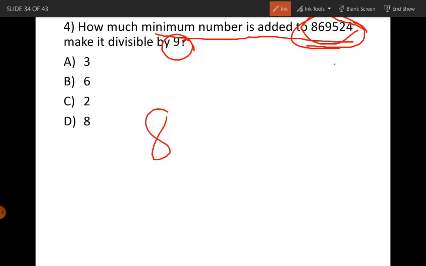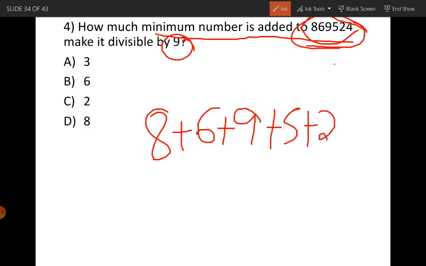8 plus 6 plus 9 plus 5 plus 2 plus 4. 8 plus 6 is 14, 14 plus 9 is 23, 23 plus 5 is 28, 28 plus 2 is 30, and plus 4 is 34. This number is not divisible by 9.